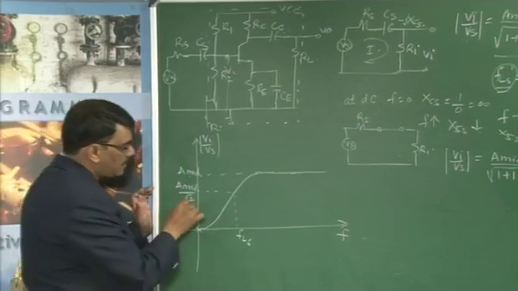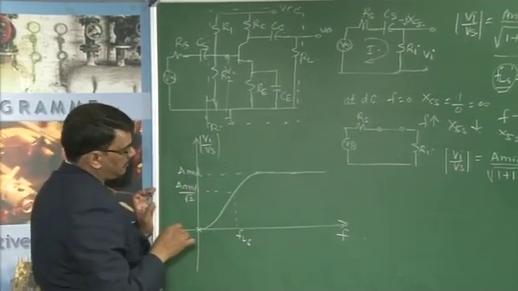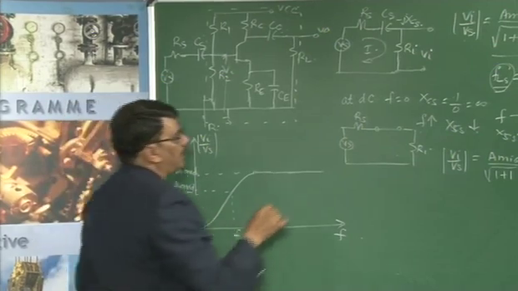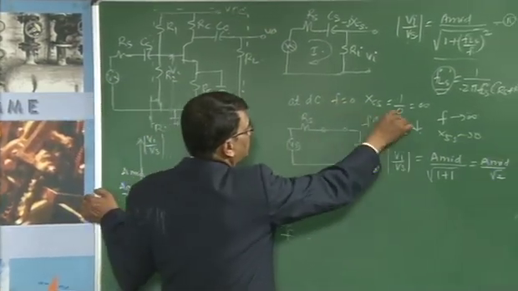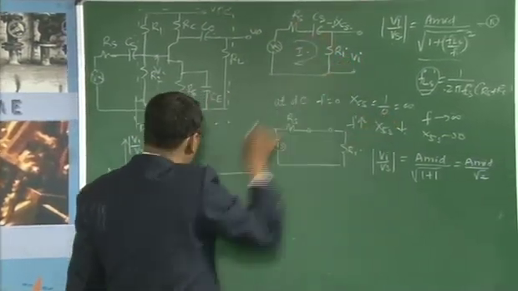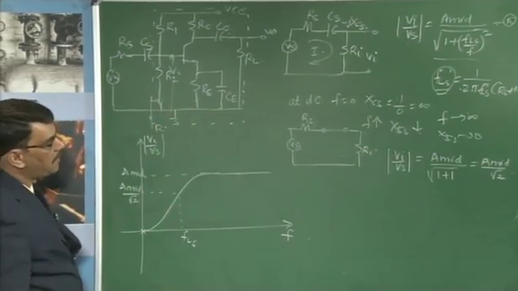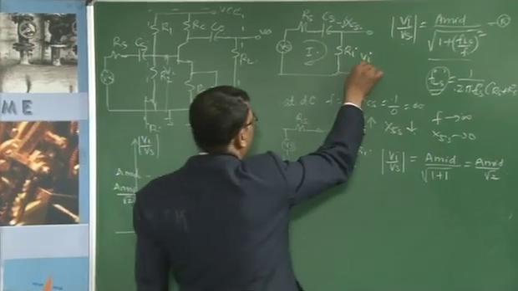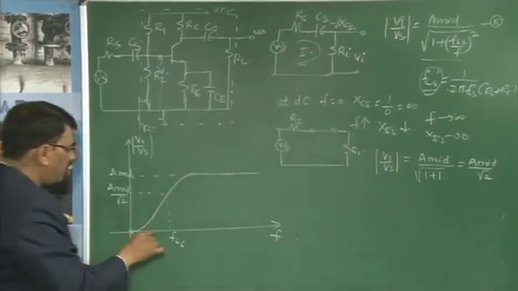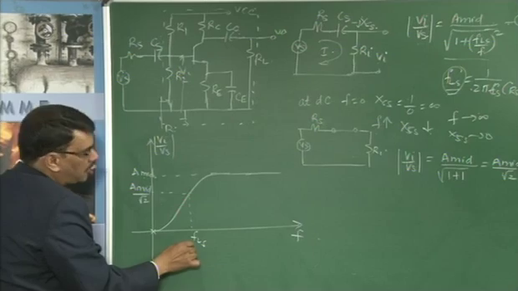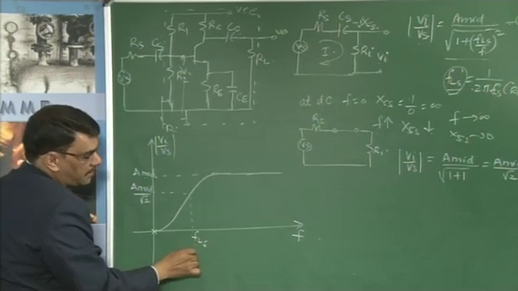This gain is nothing but the half power gain, because when Xcs is equal to Rs plus Ri, the network transfers the maximum power. The power transferred is half of the input power. Hence, this frequency is known as the half power frequency, or cutoff frequency.